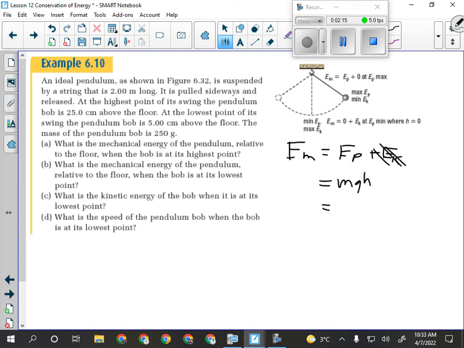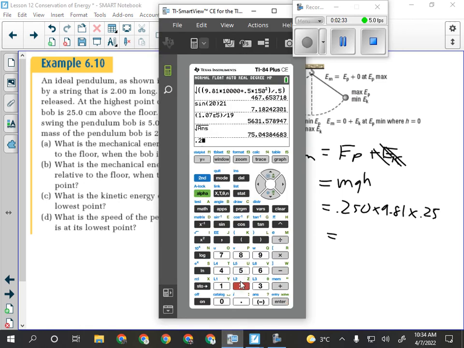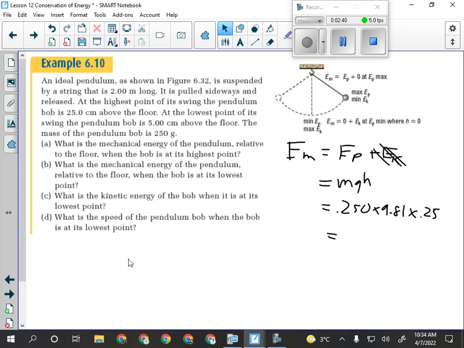So we take our mass, 0.250 kilograms, times 9.81 times 0.25 meters, because it was 25 centimeters above the ground at that point. Everybody okay with that? All right. So if we punch all that in, we get 0.613 joules, which is our mechanical energy at its highest point.